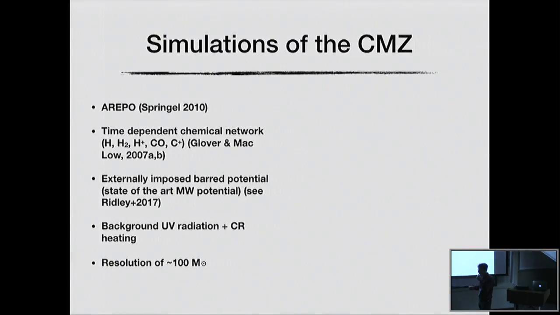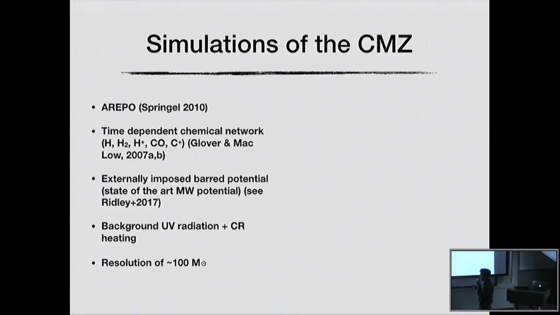So in our model, to consider the whole bar region and still be able to follow the evolution and formation of giant molecular clouds, we use the powerful hydrocode AREPO, coupled to a time-dependent chemical network, which is able to follow the major chemical species necessary to follow the thermal evolution of giant molecular clouds.